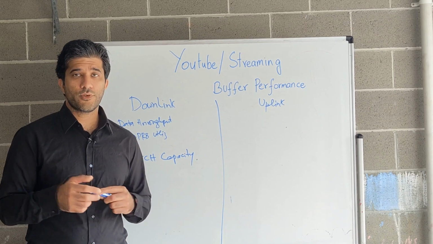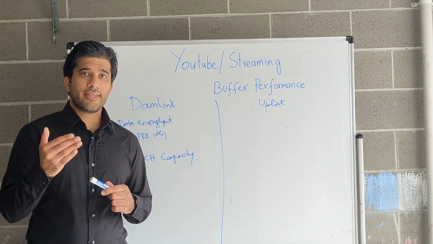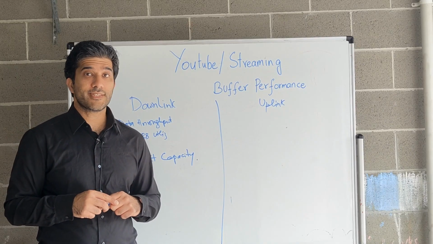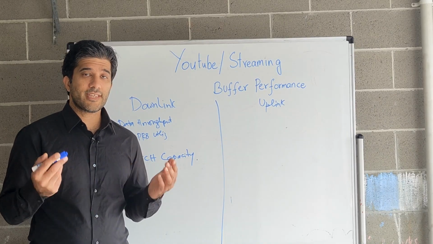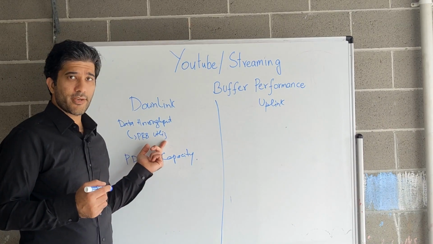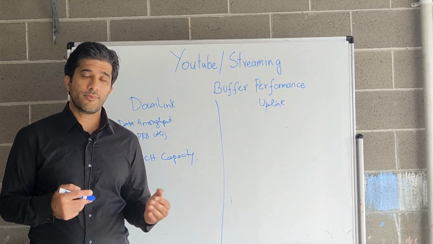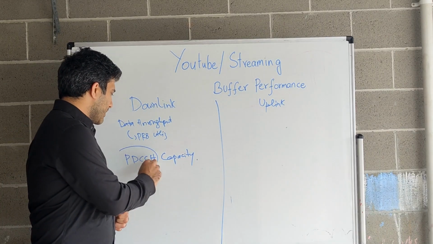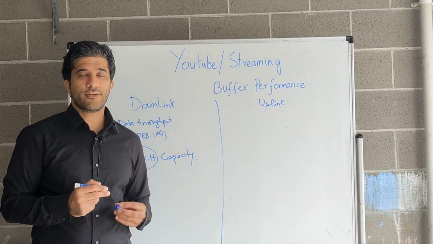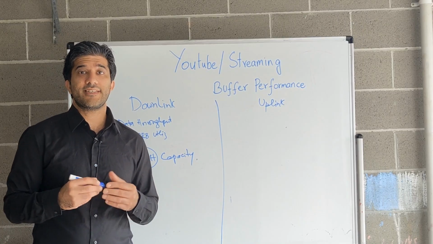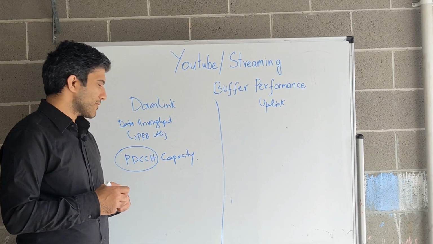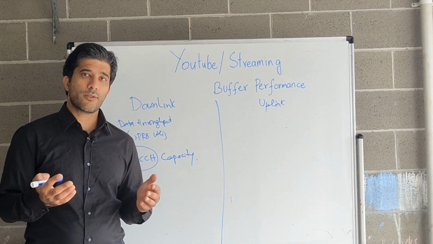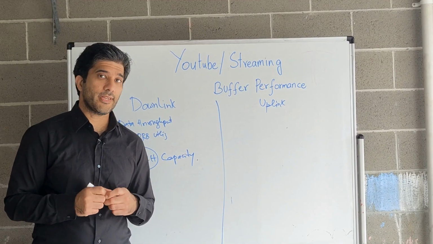But if you have a PDCCH capacity issue, then until a PDCCH is available, the scheduling grant will not be sent to the UE. So even if you have PRBs available, a PRB has been allocated to the user for your streaming data, but you do not have any PDCCH to send that grant to tell your UE that data is available for you. This will cause delay in the data being sent out to the user, and of course you will have that buffering experience.